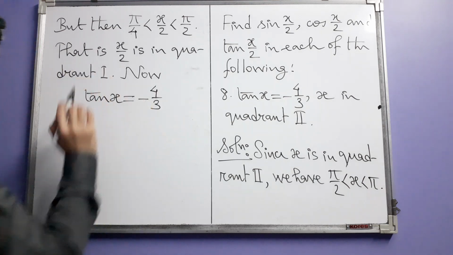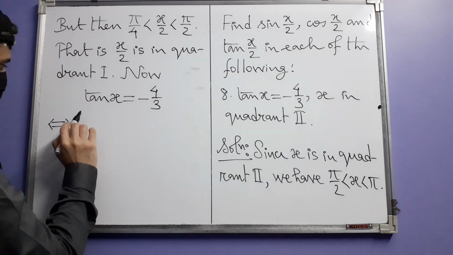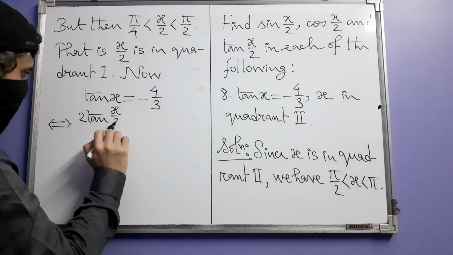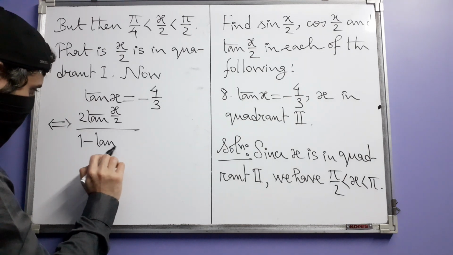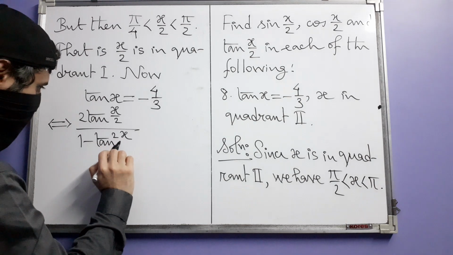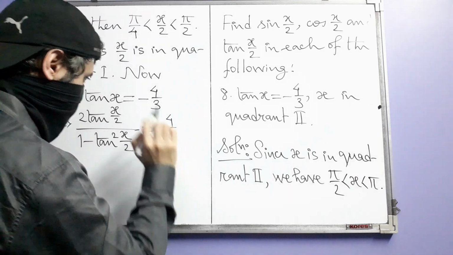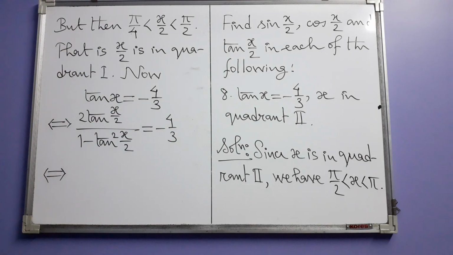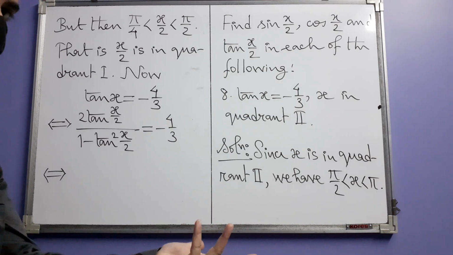Minus 4 divided by 3. So this is 2 tan x over 2 divided by 1 minus tan square x over 2. Okay, so what we now do, we do cross multiplication.